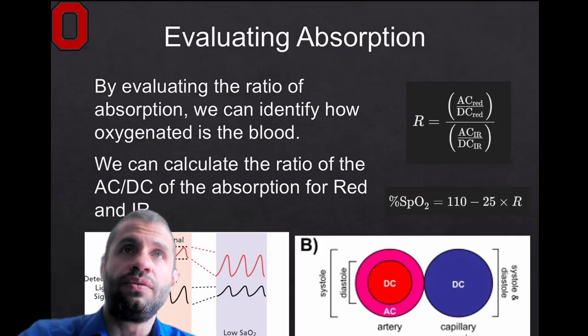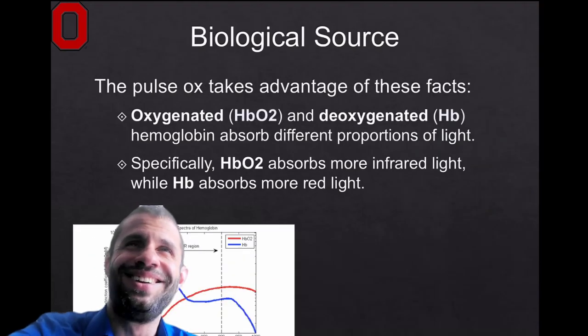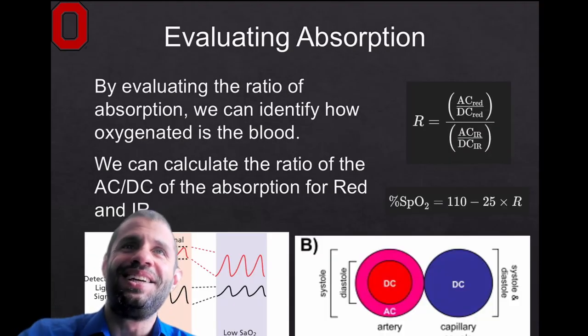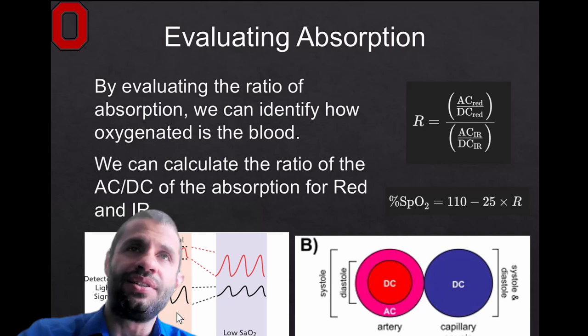And that itself is going to give you the ratio of the deoxygenated one. And then you can do the same for the oxygenated and calculate the ratio of those ratios.